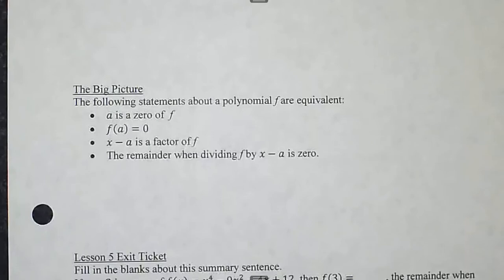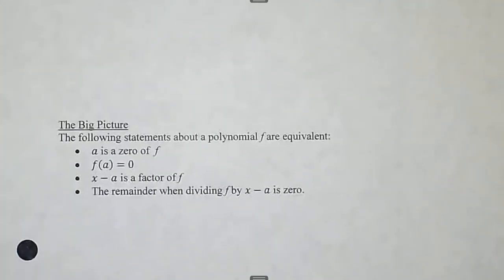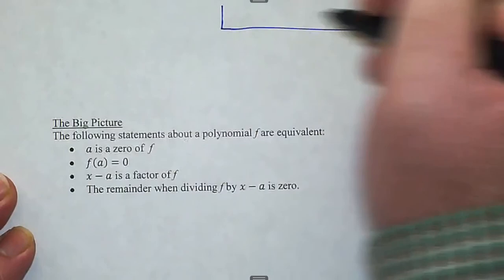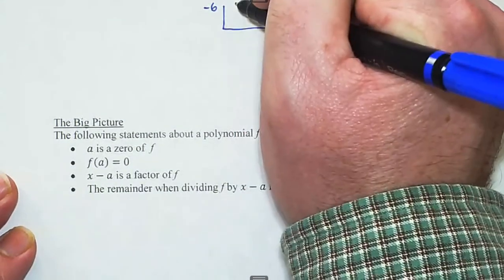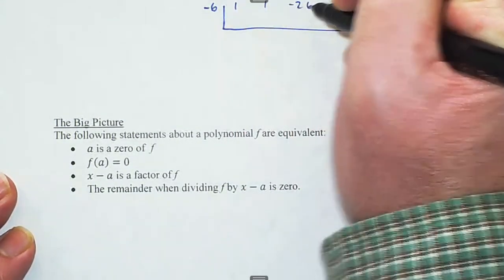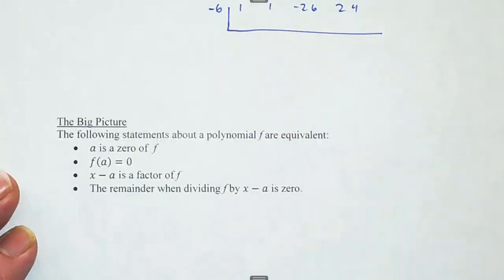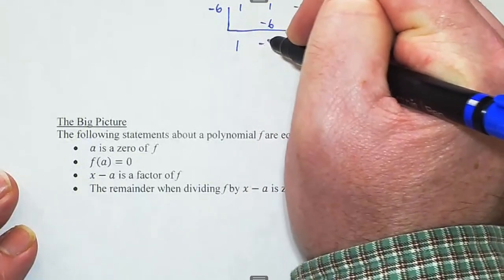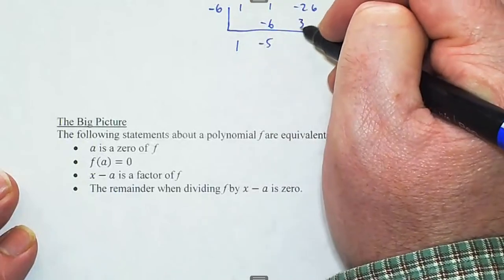All right, so let's finish up by doing this one together. Given that x plus 6 is a factor, we can divide by it, and we put a negative 6 there. Bring down this 1. Multiply, and you get 30.